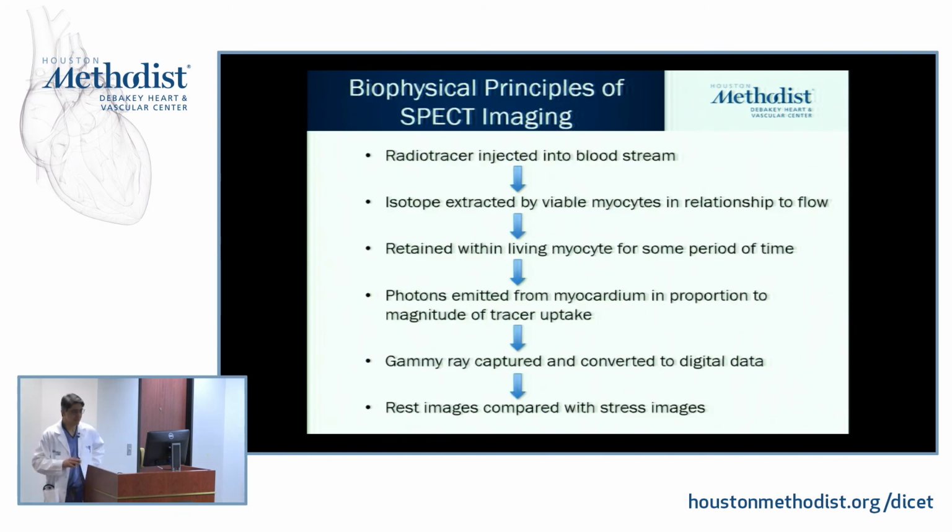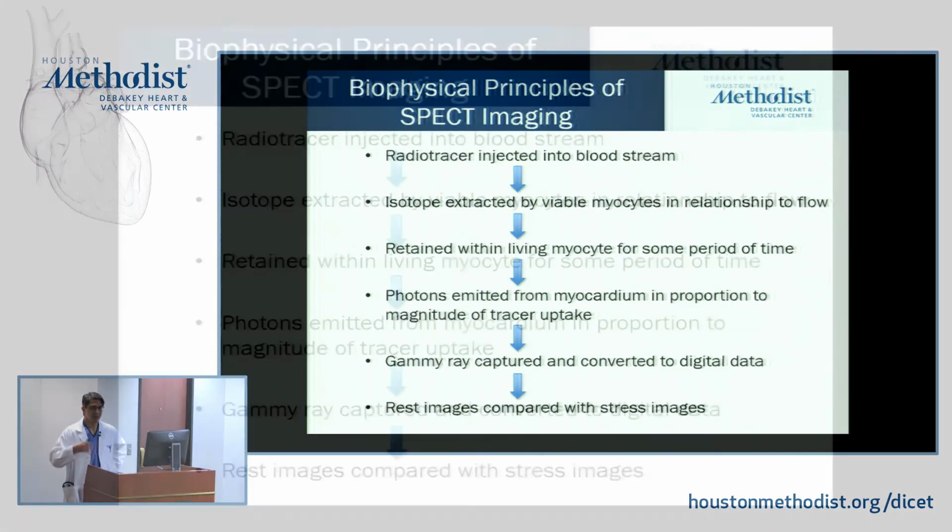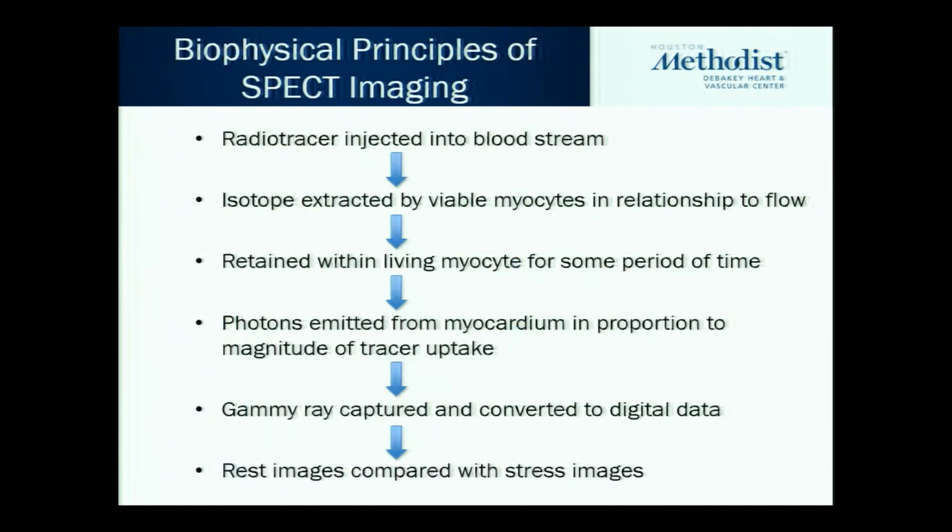So we're going to talk a lot about nuclear imaging today and specifically SPECT imaging. So what is the bird's eye view of what happens? We're going to inject a radiotracer usually after stress. This isotope is hopefully going to go in proportion to flow to the heart and be extracted by living myocytes.